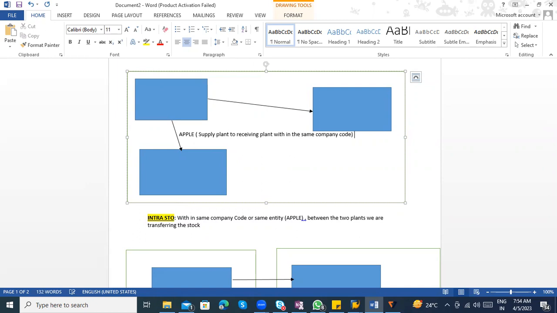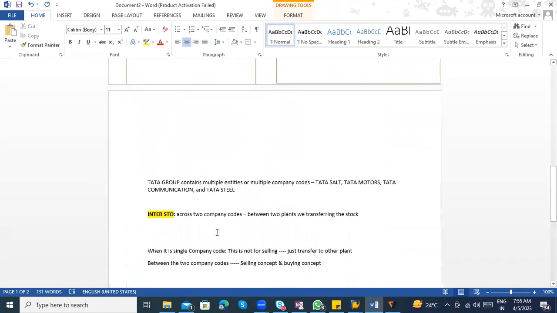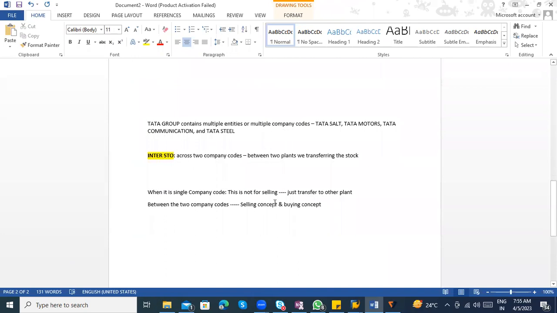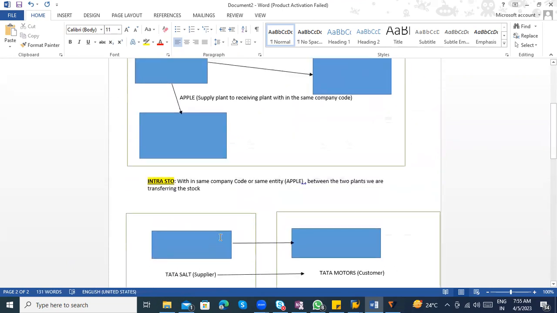So in this case, we don't need to pay any sales tax or any taxes to the departments. But in the other case, we need to pay the applicable taxes, whether it is input tax, output tax, sales tax, or excise related, or anything that is applicable. Clear?